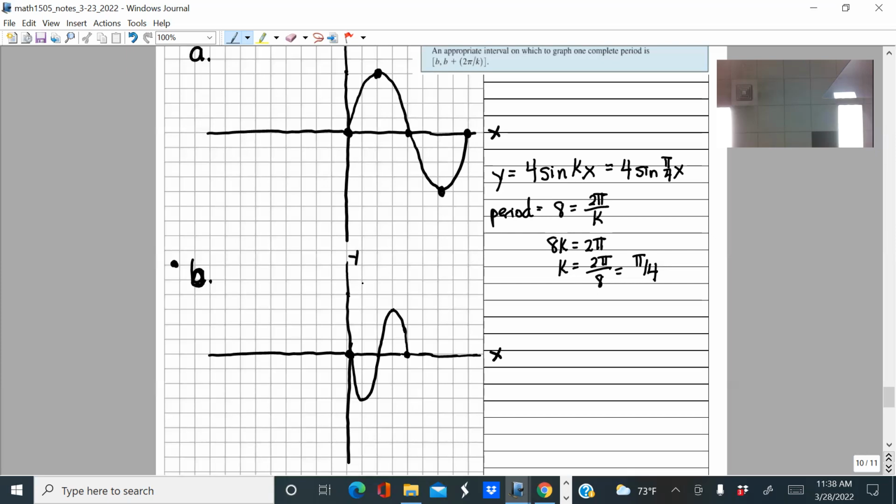Sine normally starts up. It's going to start. Set a rotation. Now, it's just like minus.